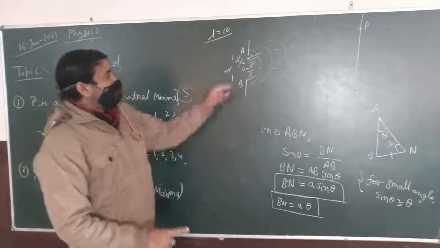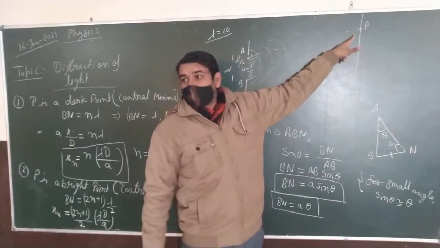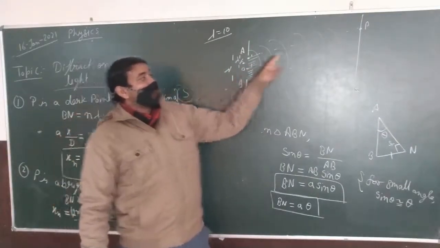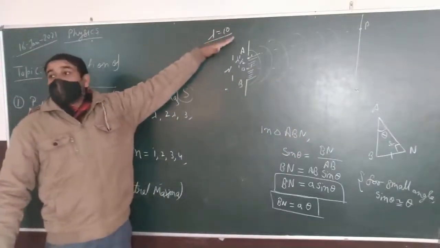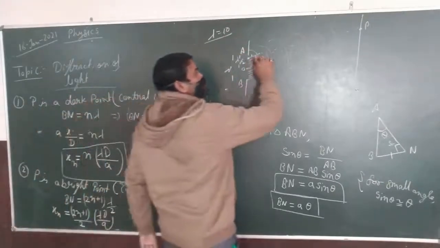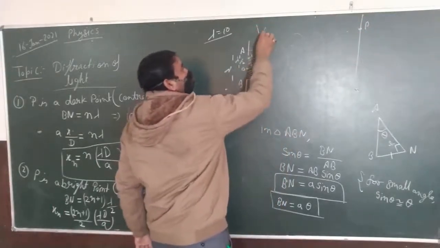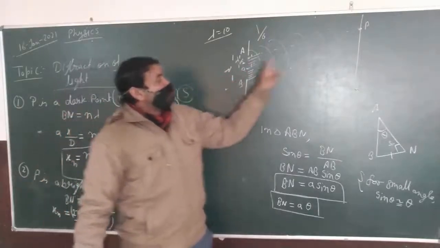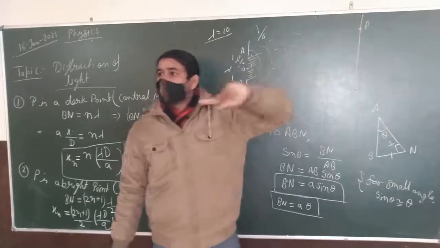So if ray 1 reaches point P with the trough, what is the possibility that another ray also reaches there with the trough? The possibilities are 5 or 10. We have to think about the middle portion. If this ray reaches there with the trough, then the ray 6 below the point O to B also reaches there with the trough, lambda by 2, and you get the result again trough.